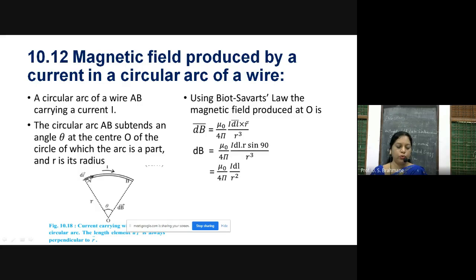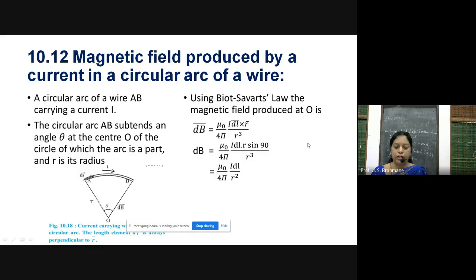I told you that this is dl and this is r, so the angle formed here between tangent and radius is 90. So that becomes sine 90, and that is equal to mu 0 upon 4 pi, I dl upon r squared. This is the equation, and then we'll integrate this for dl.